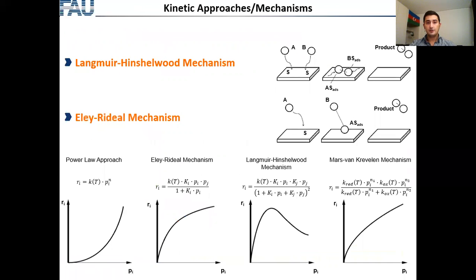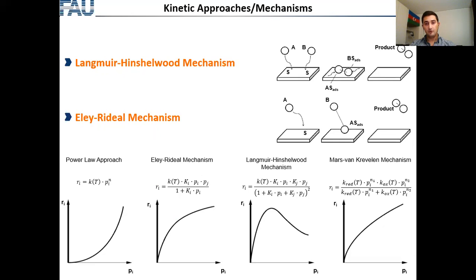The next stage is the derivation of rate equations for the selected reactions using the available kinetic approaches. In fact, there are a lot of different kinetic approaches. However, the most important ones are the power law approach, the Eley-Rideal mechanism, the Langmuir-Hinshelwood mechanism, and the Mars-van Krevelen mechanism.